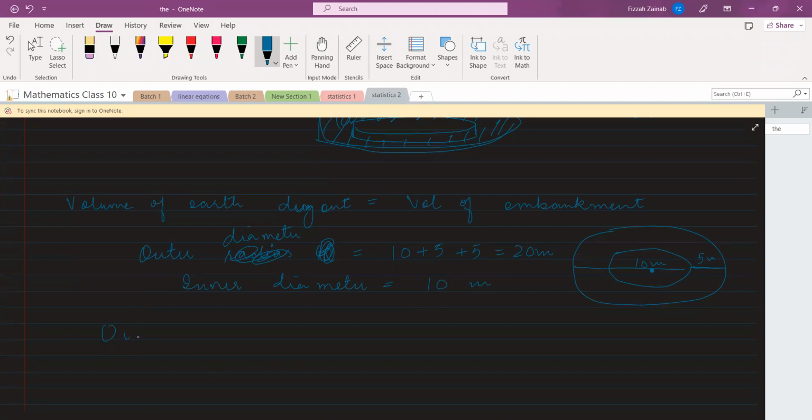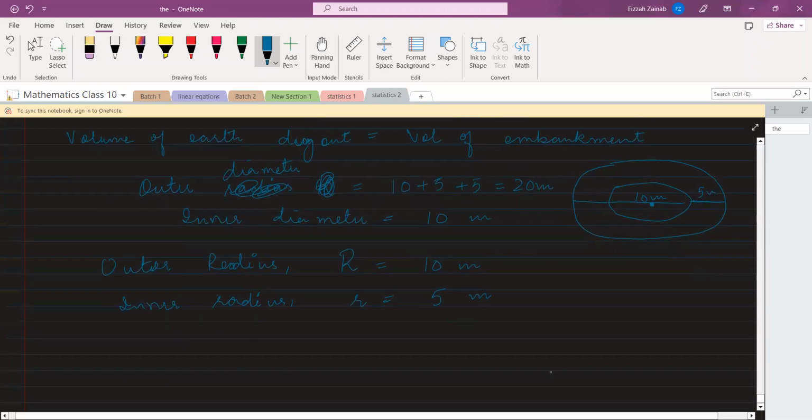So from here, you can write that outer radius, which we are denoting by capital R, will be 20 by 2, which is 10 meter. And inner radius, which I am denoting by small r, is 10 by 2, which is 5 meter. Clear? Okay.